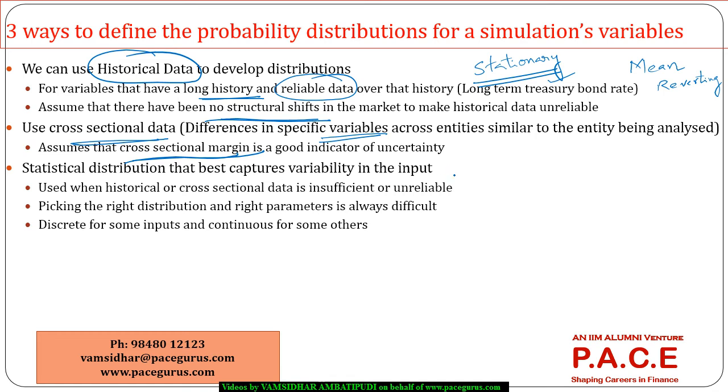The third is a statistical distribution, which is going purely on a theoretical basis. I don't have the historical data. I can't use the cross-sectional data. Then I am using the statistical distribution, where I am assuming that a particular distribution is more and more appropriate for this kind of data, and based on that I am trying to find out the correct set of parameter values, which obviously would be a difficult process.